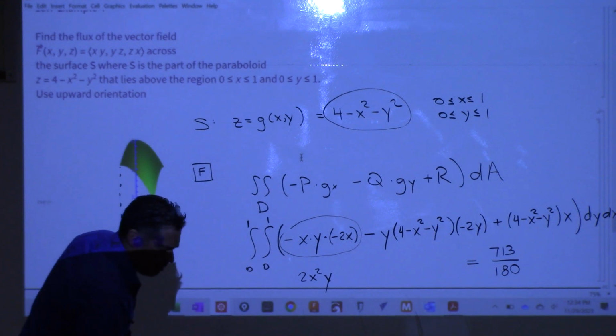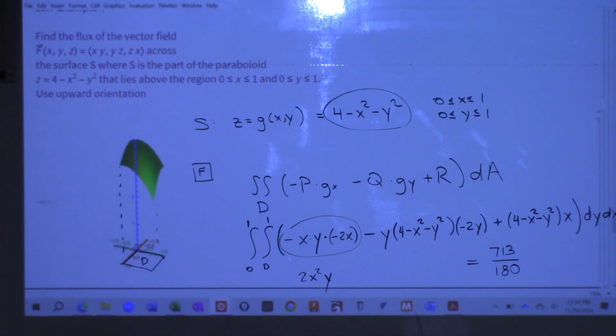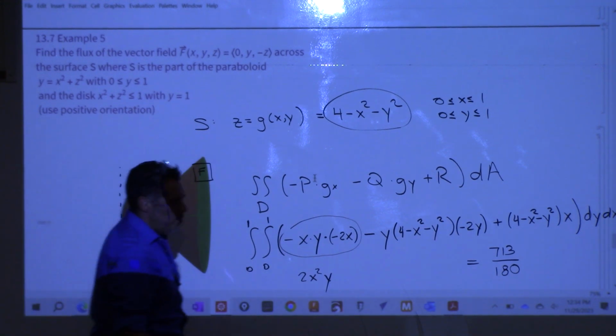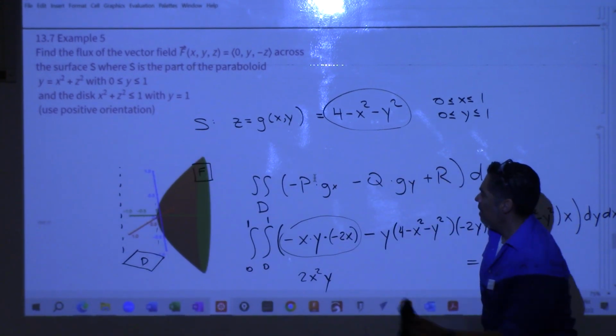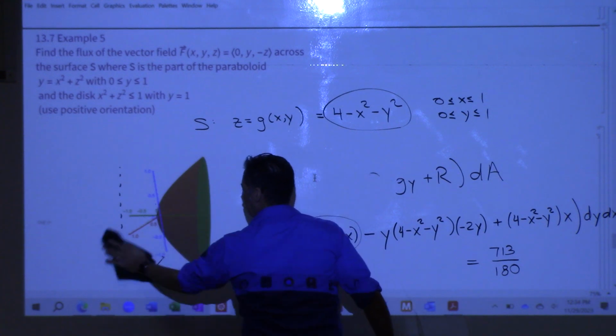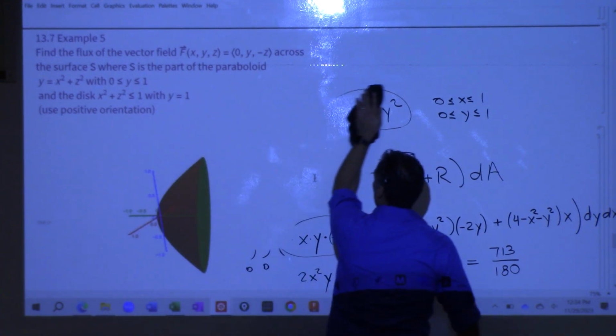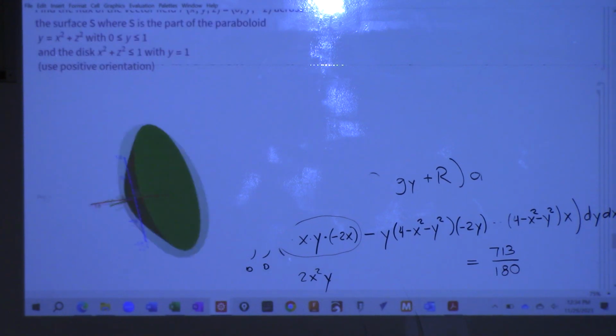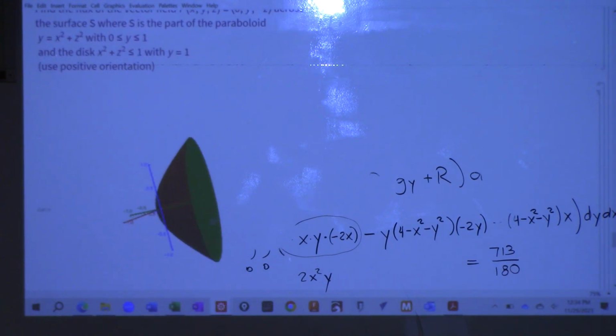All right, so we're about out of time. Let's just see where we're headed, what we've got next. We're going to do another one of these. But when we do our next flux, it's going to be over this surface. And look at this surface. It's actually 2 surfaces.